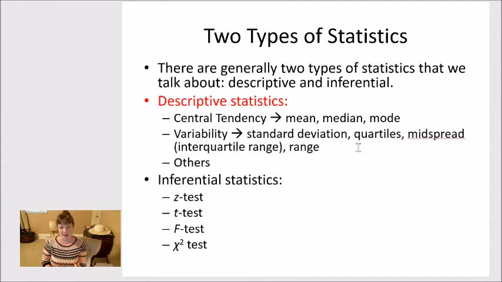But you're describing what the population might be like by calculating descriptive statistics for a single variable. What is this single variable like in a very descriptive way? Again, you're still trying to make estimates about a population, but this is your first step. Just tell me what this single variable is like.